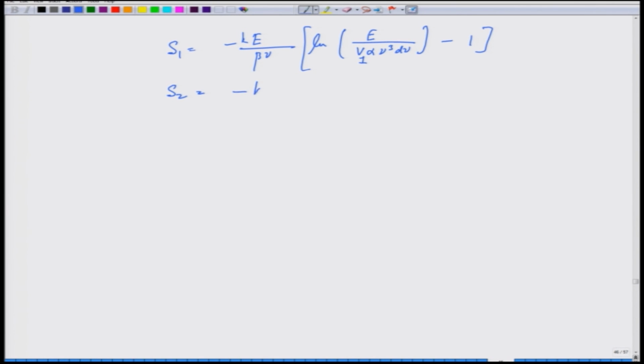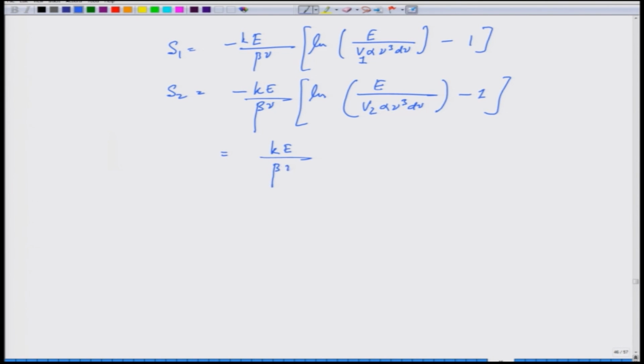S2 is going to be minus K E over beta nu log of E remaining unchanged, V2 alpha nu cubed d nu minus 1, is going to be K E over beta nu log of E over V2 minus log of E over V2 alpha nu cubed d nu plus log of E over V1 alpha nu cubed d nu.